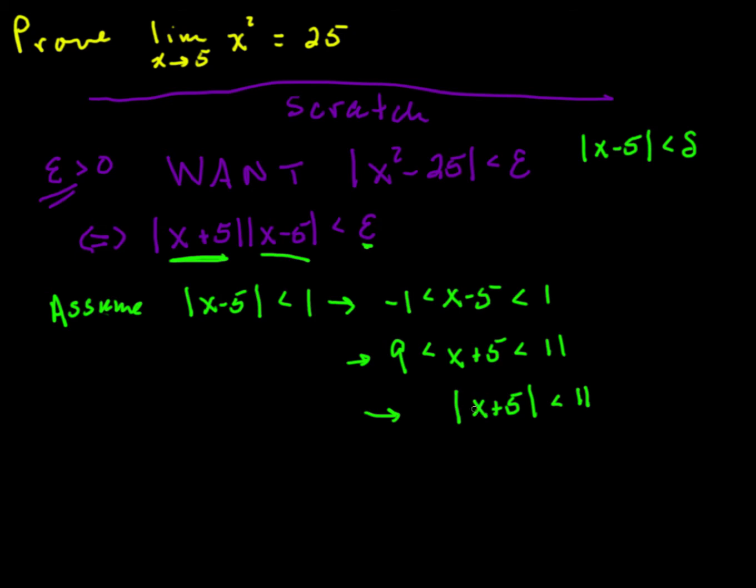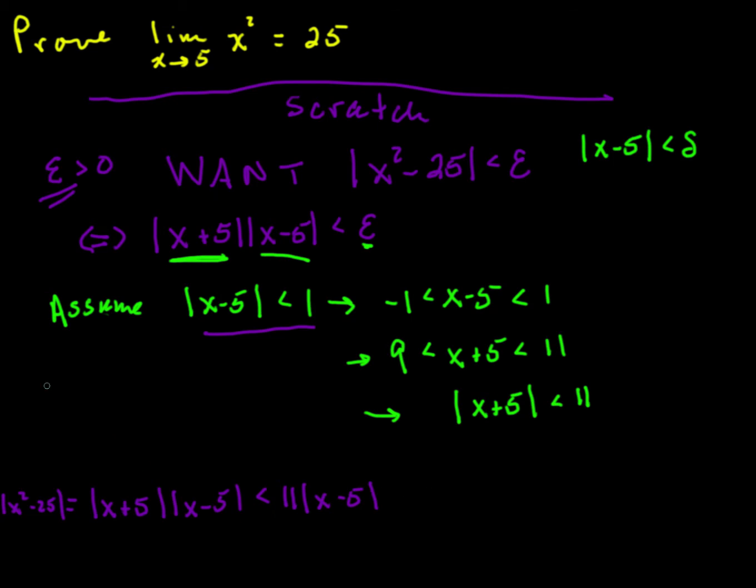Now I know something. So I know that x plus 5 times x minus 5, which is exactly our x squared minus 25, they're the exact same expressions. Well, as long as x minus 5 is less than 1, then x plus 5 is less than 11. So this is less than 11 times x minus 5.